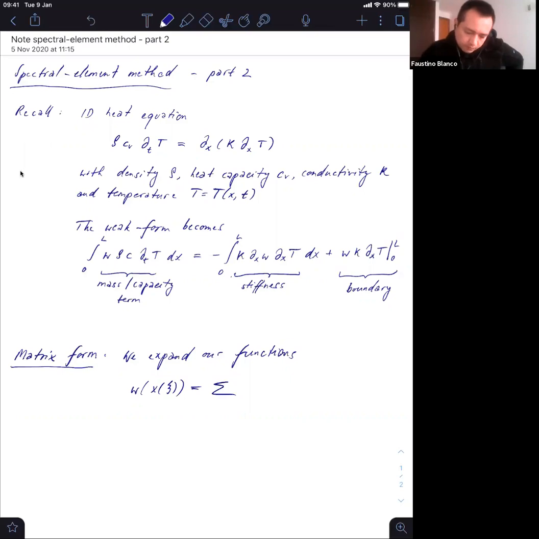The shape functions are used for the mapping from the physical domain to the reference domain, or from a physical distorted element somewhere in space to our reference element, which goes from -1 to 1. That would be the mapping, the shape functions for the mapping. Here we talk about the expansion of the functions. That's the basis for the function expansion. It's also Lagrange polynomials, but high order Lagrange polynomials.